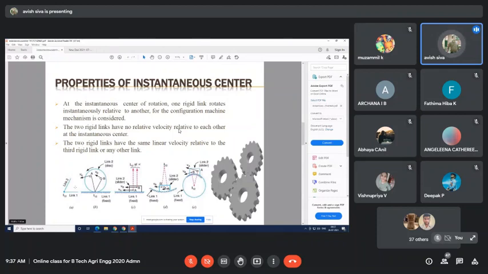When the slider moves on a fixed link 1 having a straight surface, the instantaneous center lies at, anyone answer?